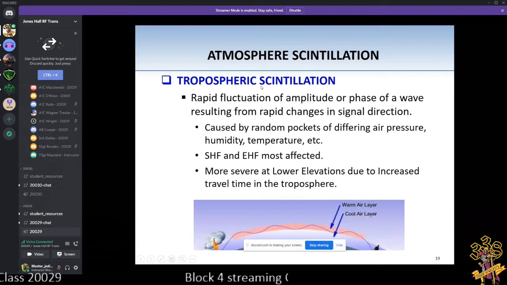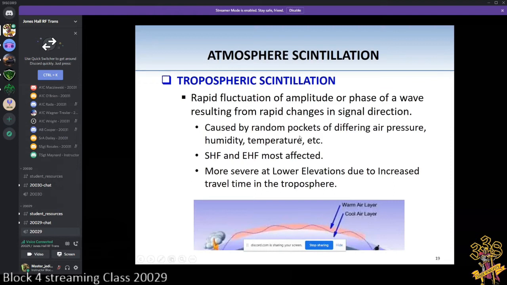Tropospheric scintillation. In the atmosphere, you're going to have random pockets of differing air pressure, humidity, temperature, gases, etc. Now, as your signal enters these different random pockets, it's going to react differently. Okay?